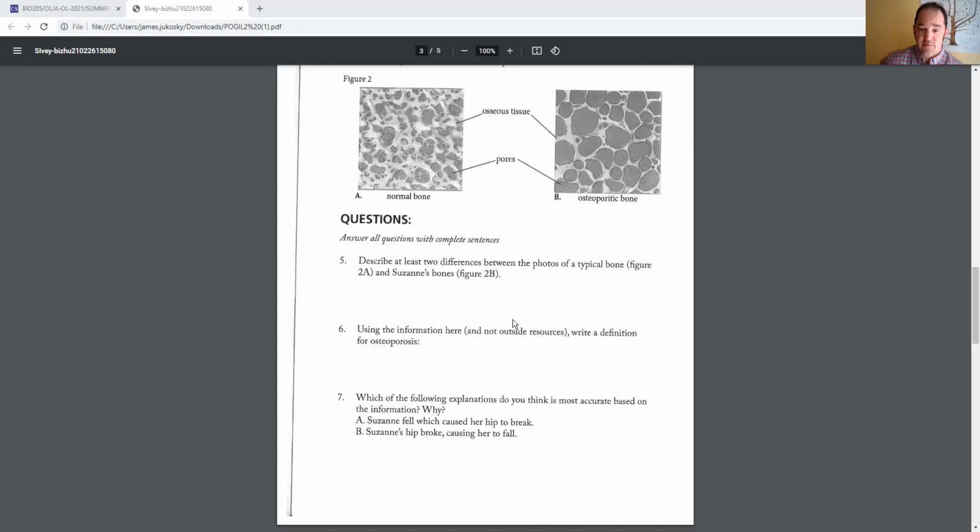Question 7 says, which of the following explanations do you think is most accurate based on the information? A, Suzanne fell, which caused her hip to break. B, Suzanne's hip broke, causing her to fall. Well, she has osteoporosis, which makes it more likely that her bones will break if stresses are put on them.